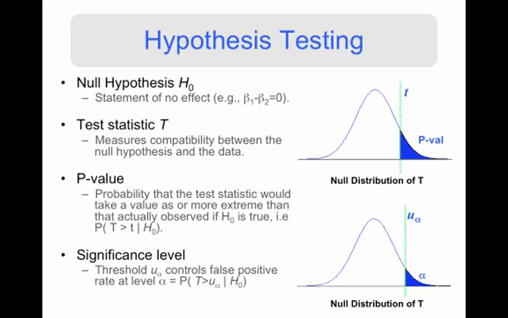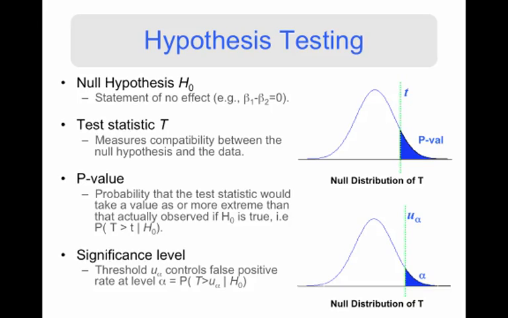Oftentimes we make this determination based on something called the significance level. So what we can do here is set a certain threshold, say that if the test statistic is in the, say, 5% most extreme values, then we would reject it.